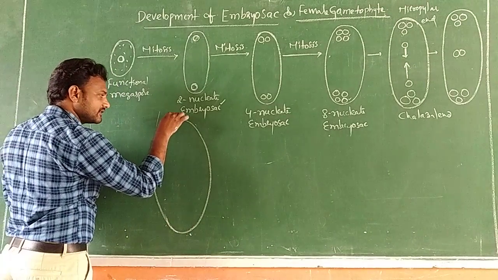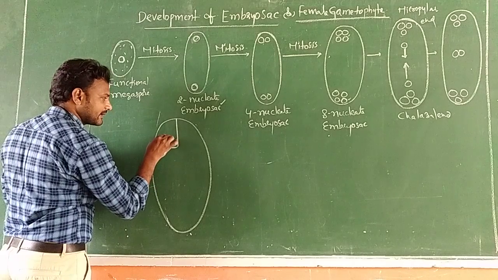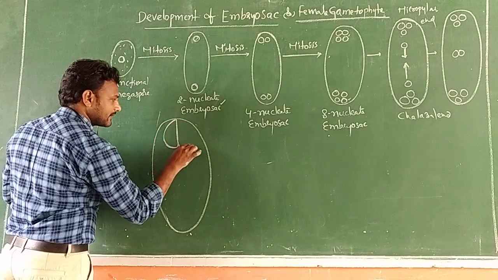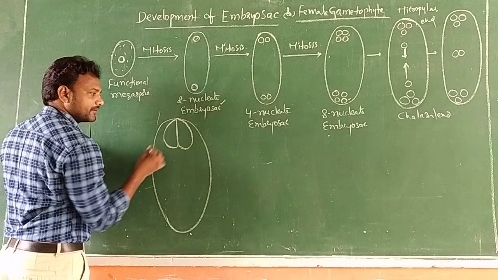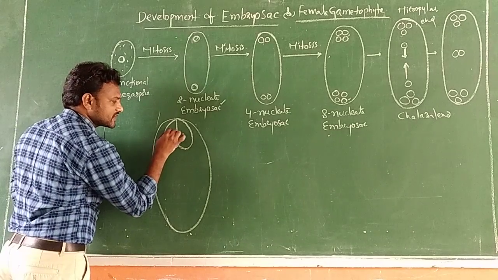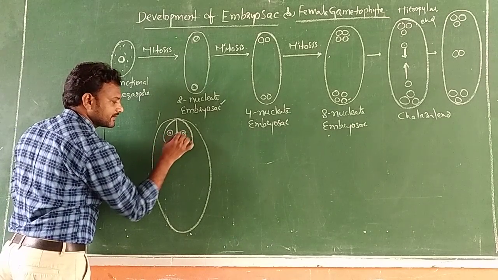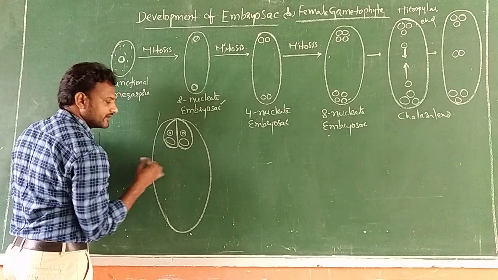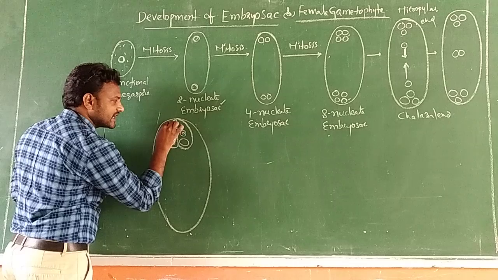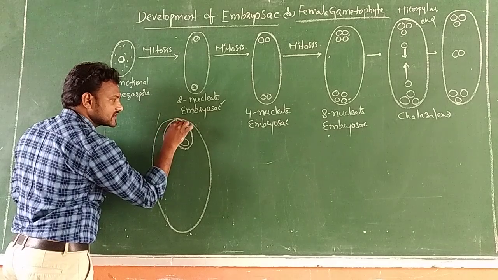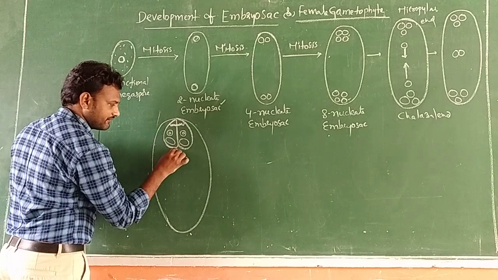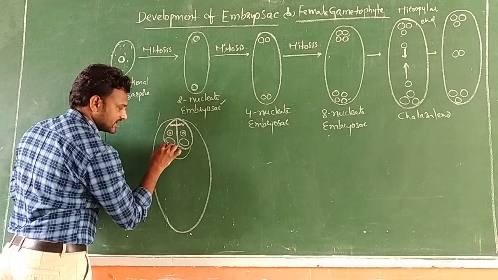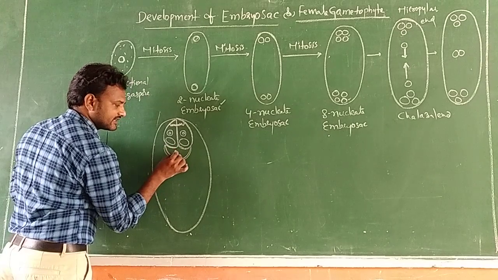You see that one? This is the nuclei. This is the vacuole. And inside here is a structure, the filiform apparatus. This is an egg cell.